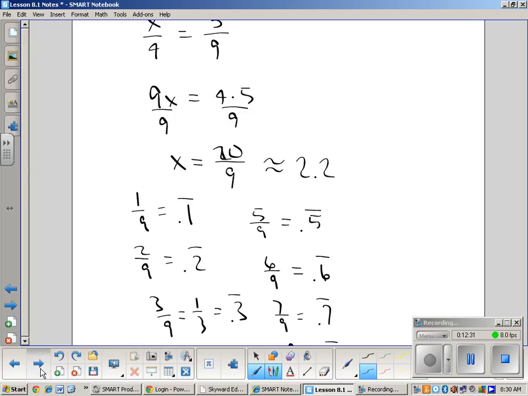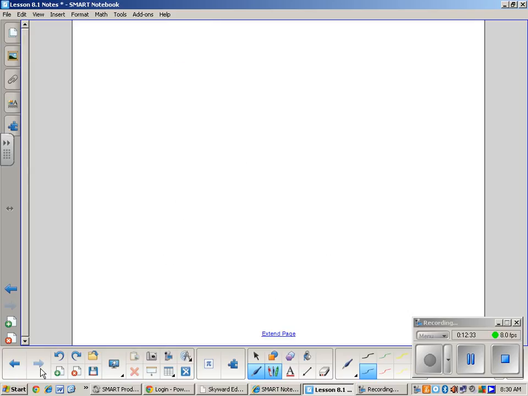Okay, let me do one more where it's not quite as easy. If I have x plus 2 over 7 is equal to x minus 1 over 10. Again, I just made this up, so my numbers might get really ugly, but it's the process I want to make sure you understand.